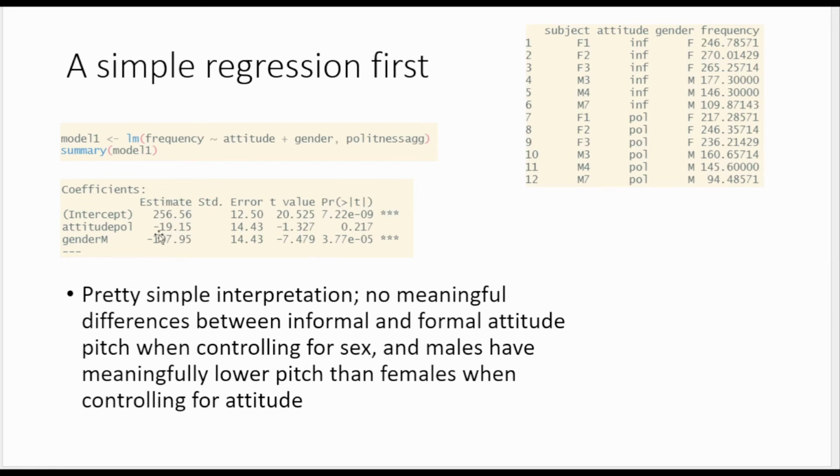Our average estimate is -19 for our attitude variable, and our gender variable is just below it at 107.95. So our estimates are largely the same. But now have a look at our standard errors, right? 14.43 for attitude, 14.43 for gender.